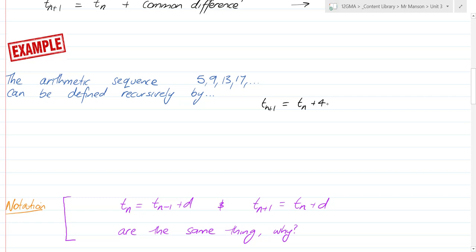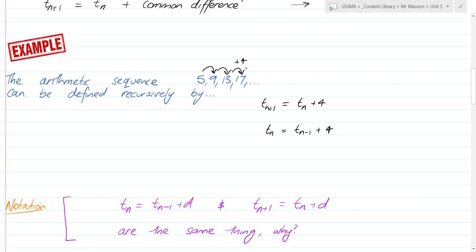So tn plus 1 is equal to the previous term plus 4. I did hear tn minus 1 there. You could define it recursively as tn equals tn minus 1 plus 4. Still saying the next term equals the previous term plus 4. So either of those will work. We know it's plus 4 because the common difference is plus 4 in each case.